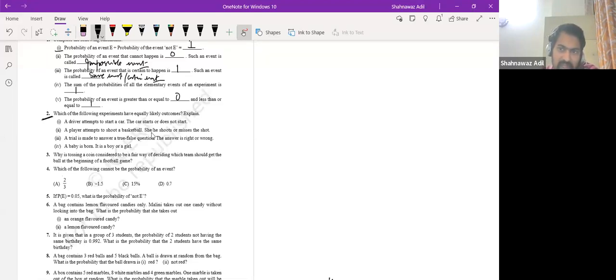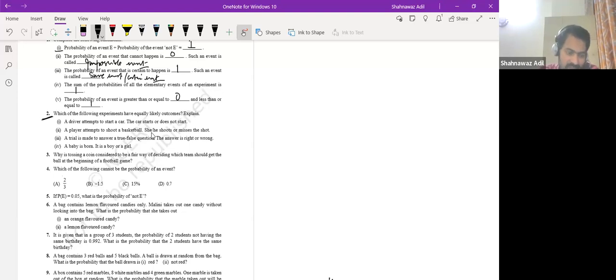Sir, but what if the player is very good at playing? That is why I'm saying that we are unbiased. We are unbiased judges, so we are not looking at the players' skills. We are assuming that all the players have the same skills.